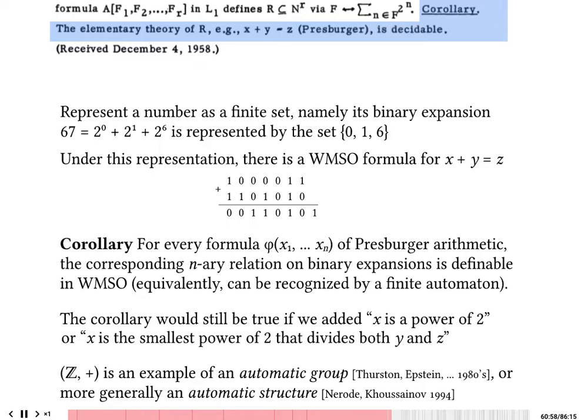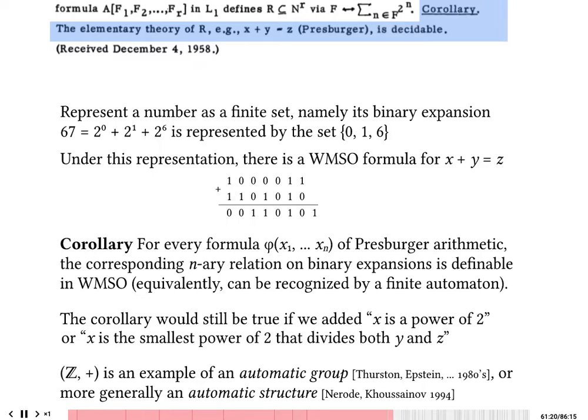Another one, which is actually more popular, is that for every generator of the group, the unary operation of multiplying by that generator can be implemented by an automaton. Groups which can be represented this way are a legitimate topic of study in group theory.